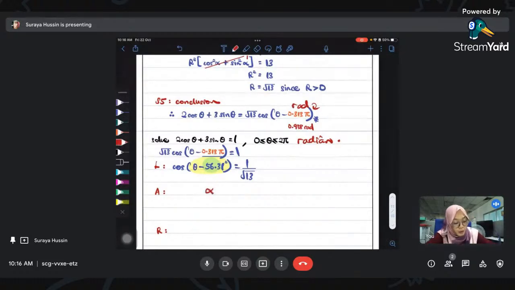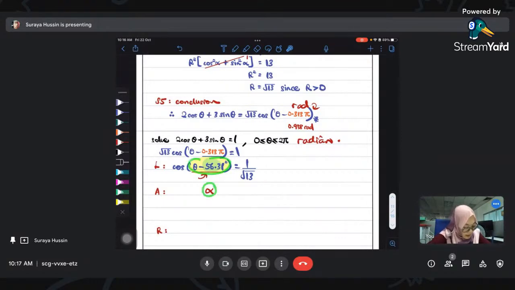So don't be afraid. Whatever angle is in the linear part, even if it looks strange, like minus theta minus 56.31, just change whatever is in the bracket into alpha. Don't argue, don't be confused, just follow it.